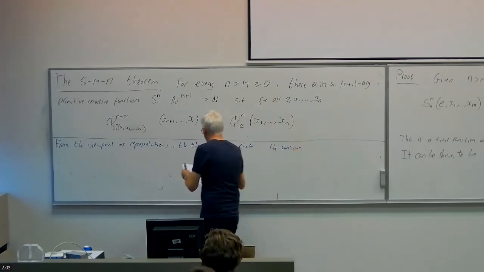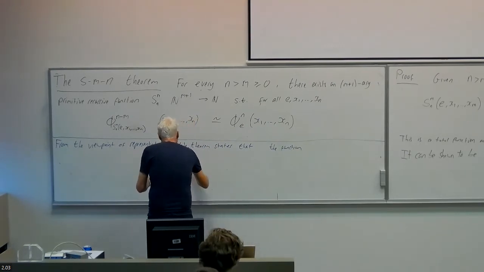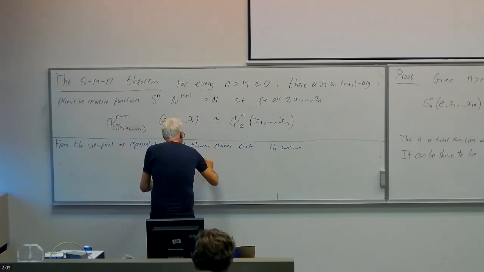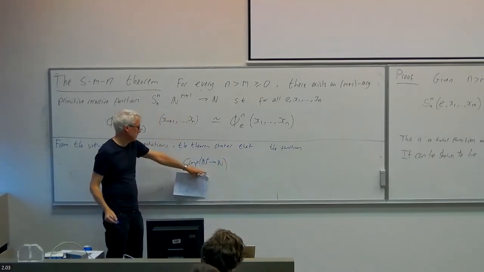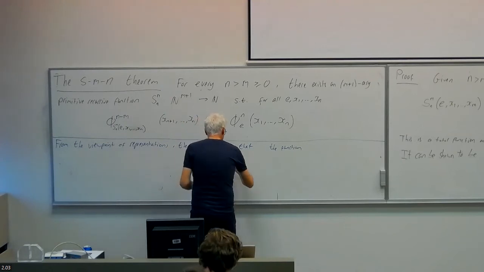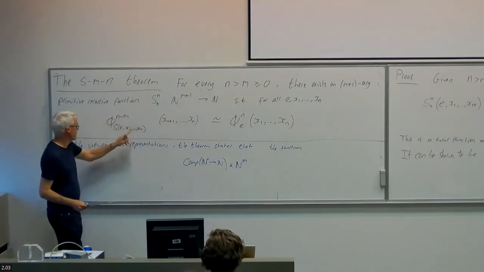So it's the function that takes a pair consisting of an n-argument computable partial recursive function and an n-tuple of arguments.